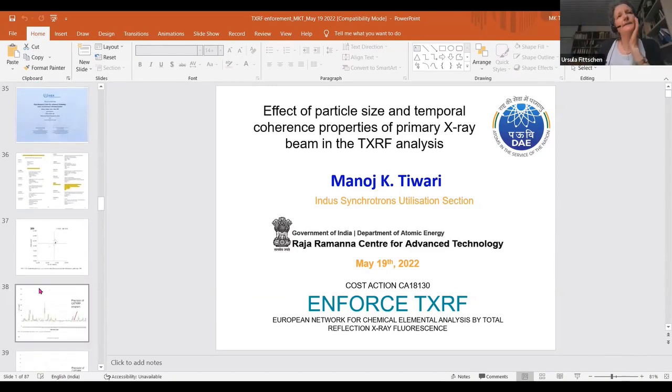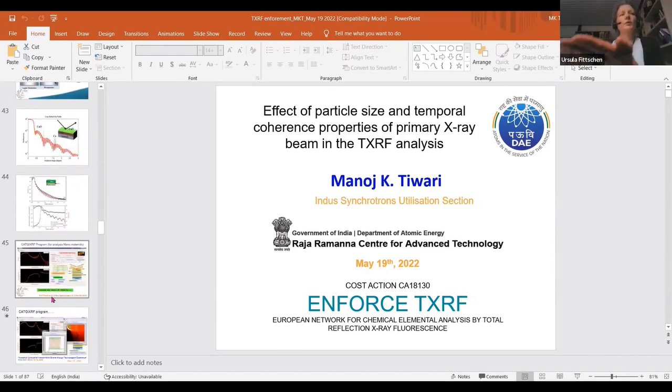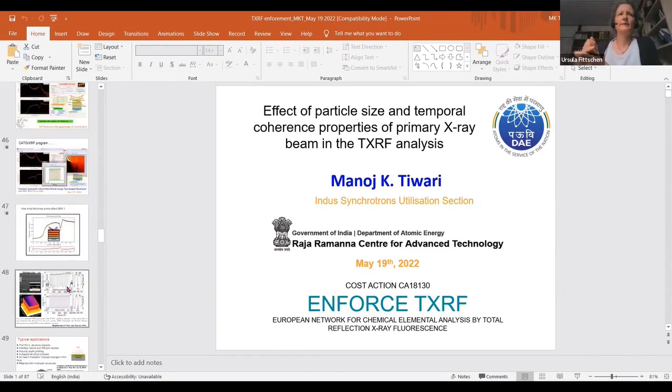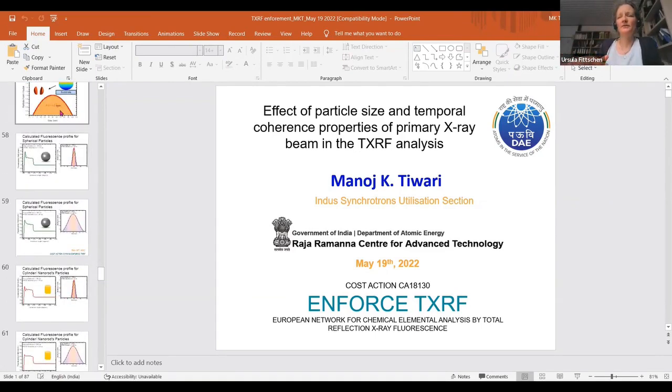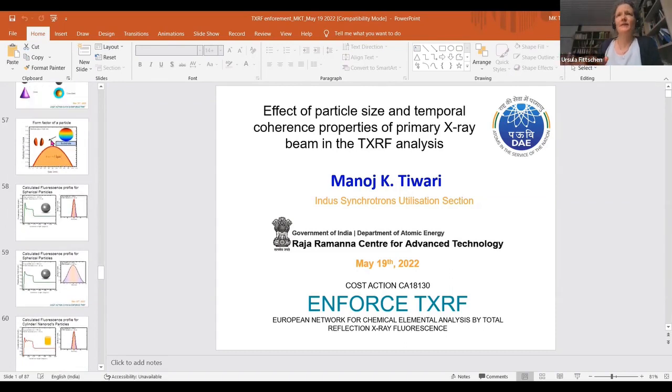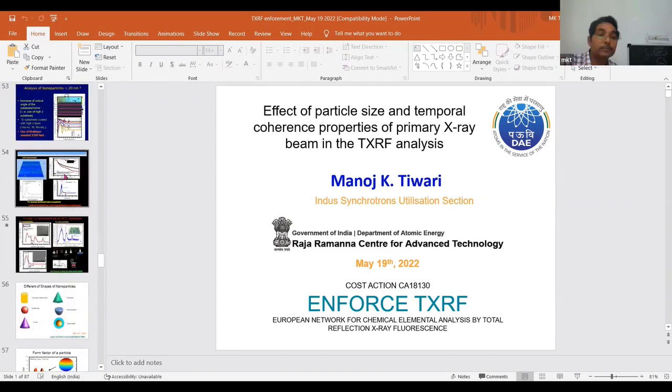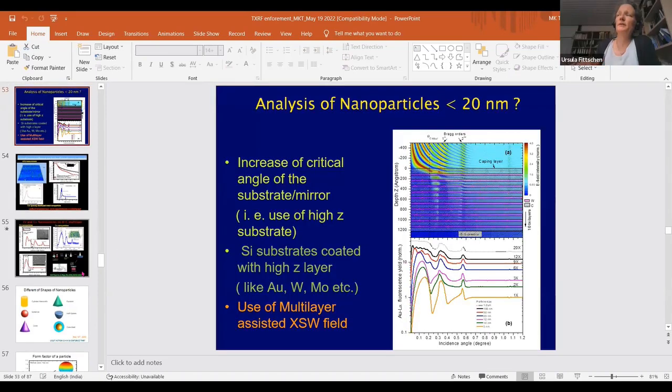Another question. You've shown the experiments and the models analyzing the nanoparticles on top of multi-layers. Is that the support, the multi-layer support, that you commonly use? We do not use it commonly, just to show the concept, to prove whether this multilayer can be used for the analysis of particle sizes less than 10-20 nanometers.